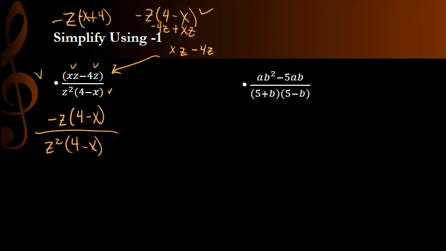The reason I wanted to do that is now I can cancel out the 4 minus x. I couldn't cancel negative 4 plus x and 4 minus x, so I have to get it to where I can cancel it. Now I still have negative z over z squared. The z is going to cancel, leaving me with z to the first power. And so when I simplify this, I still have this negative sitting out here: negative 1 over z.